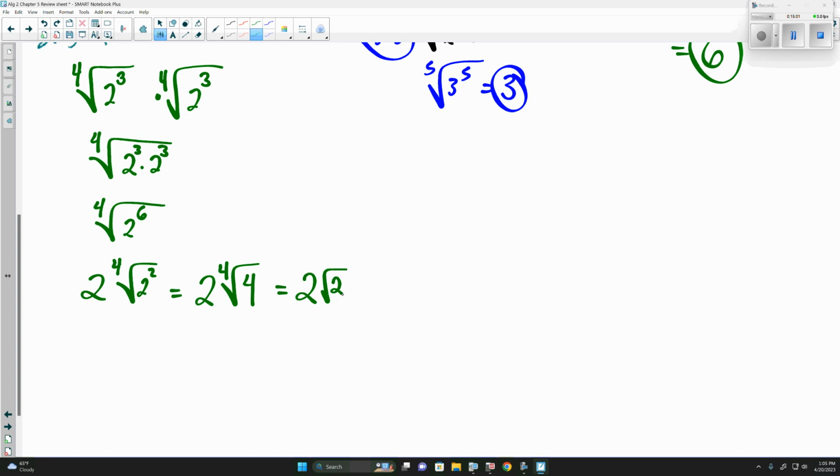Because if we think of this here, and this is actually the first time I went fully into this explanation, remember, the nth root of a to the x is equal to a to the x over n. Well, 2 over 4 reduces to 1/2, and 1/2 is just the square root of 2. So these are the same.